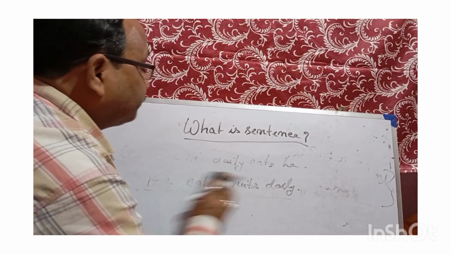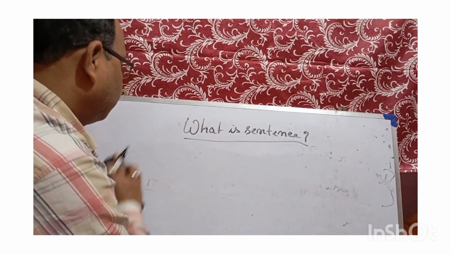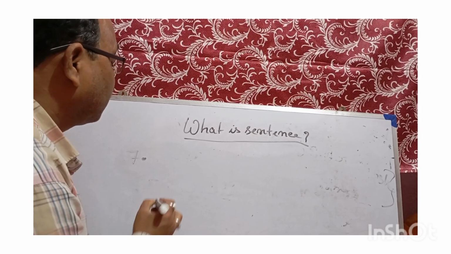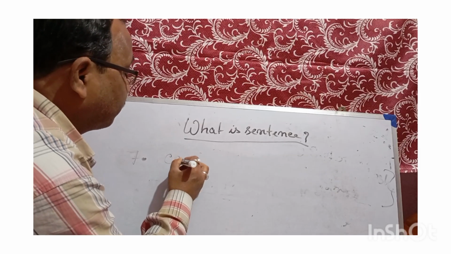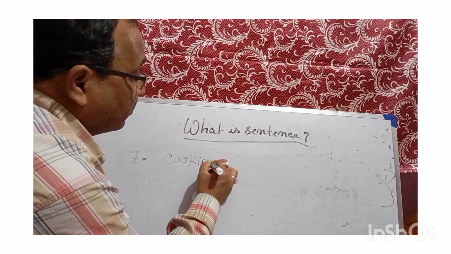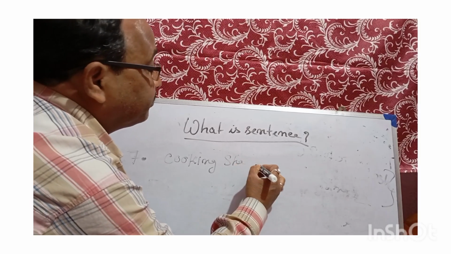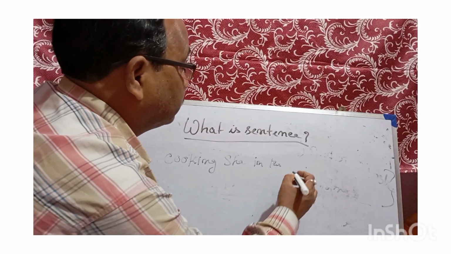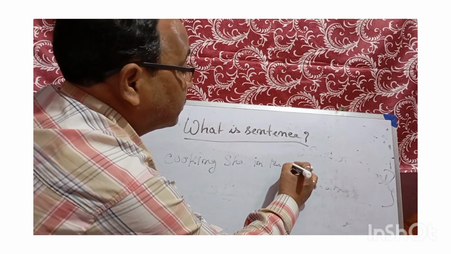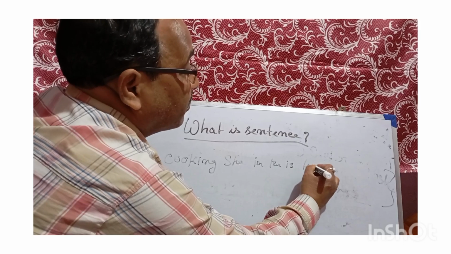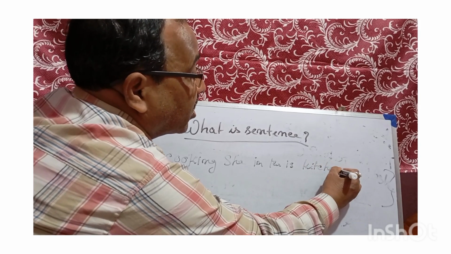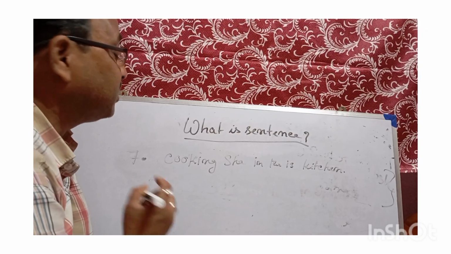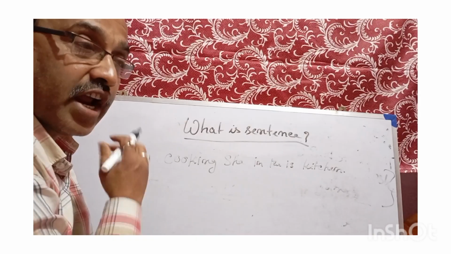Number 7. She is cooking in the kitchen. If I write cooking she in the is kitchen, that does not have any meaning, so it cannot be a sentence.